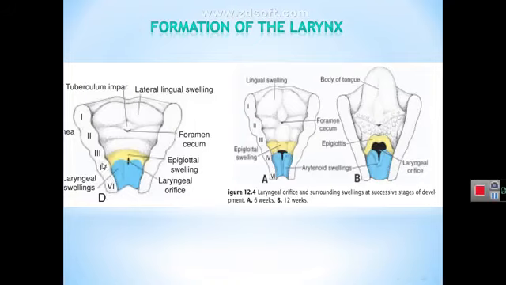The mesenchyme of the 4th and 6th pharyngeal arches rapidly proliferates, causing the laryngeal orifice to change shape from a sagittal slit into a T-shaped opening.